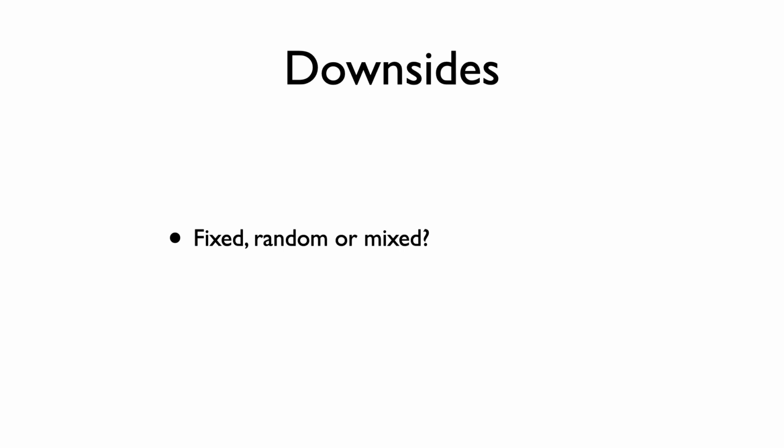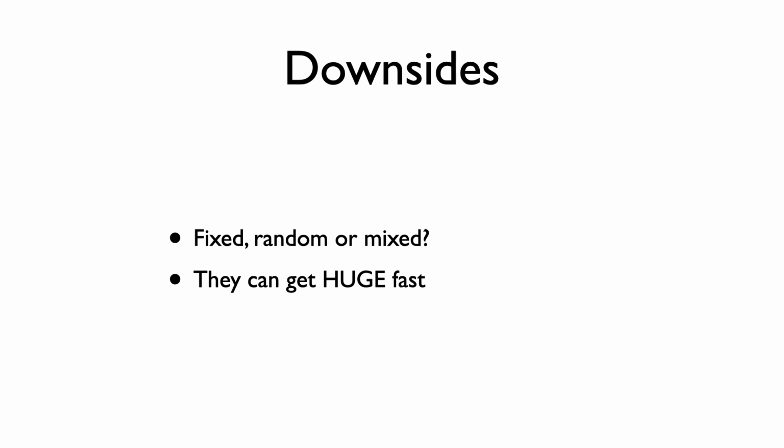There's got to be some downsides. Is it fixed, random, or mixed? Which is something we just go, yeah, whatever. We can kind of brush that off because in simulation we showed that the best approximation of reality is usually a fixed effect model. It's only going to be random if it's truly random, or something we're treating as random.